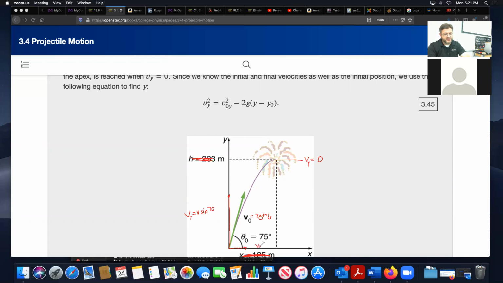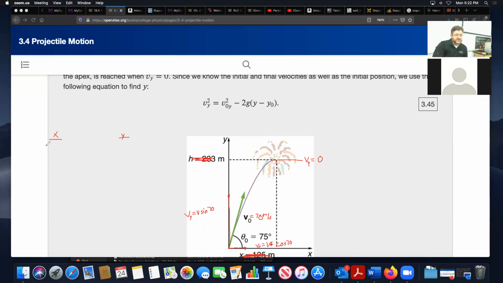Vx is going to equal the velocity times the cosine of the angle. And then we can do our x component math here and our y component math here, right?